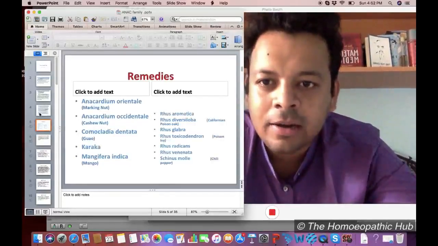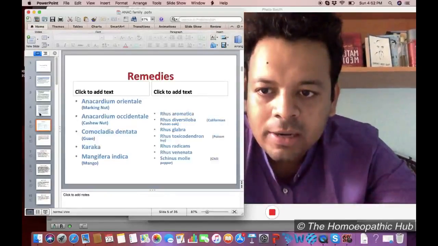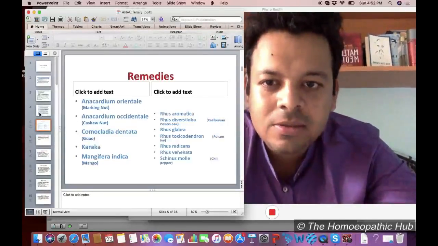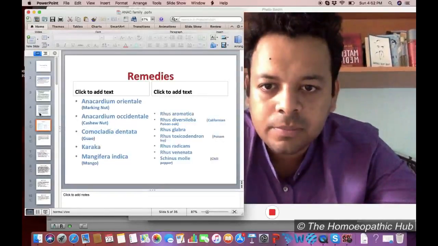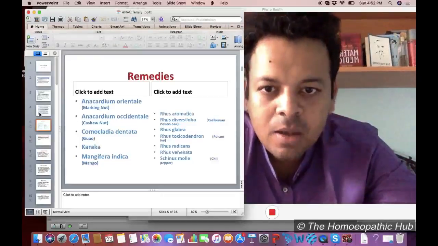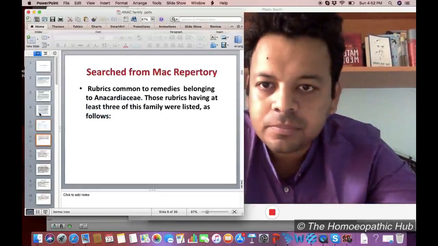Anacardium orientale, Anacardium occidentale, Comocladia, Mangifera, mango that is, Rhus aromatica, Rhus diversiloba, Rhus glabra, Rhus tox, Rhus radicans, Rhus venenata.